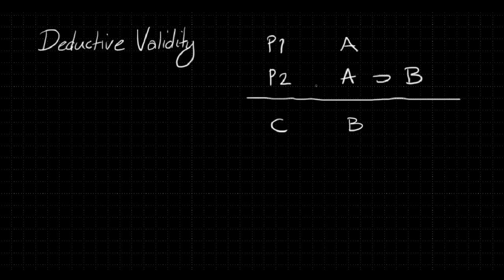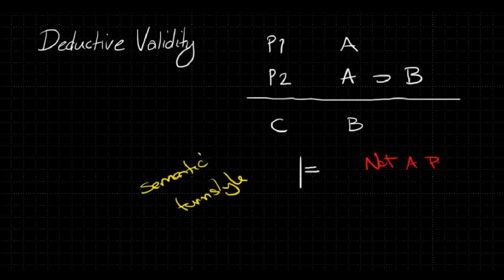Now, this inference bar isn't going to work for us anymore, so we're going to introduce a new symbol, and that's this. This is called the semantic turnstile. And we're going to use this to replace the inference bar. Now, note again, like our meta variables, this is not a part of PL.